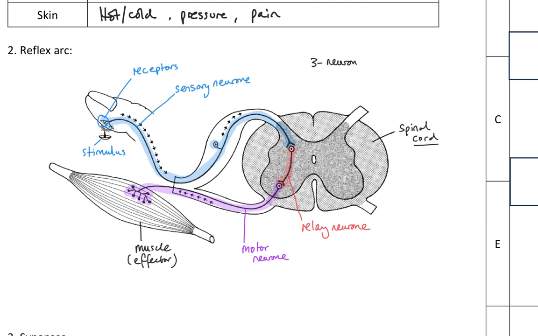Or I can say it's only going through 3 synapses. Therefore, it's faster. Not just fast, it needs to be a faster response, so less chance of damage.